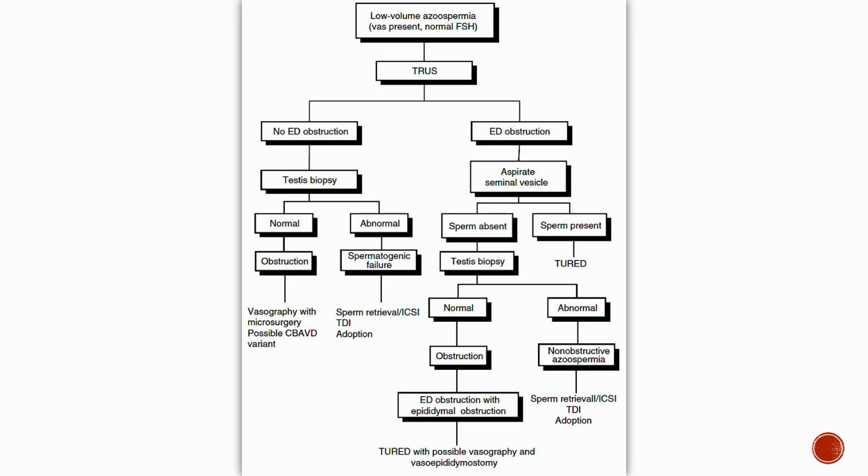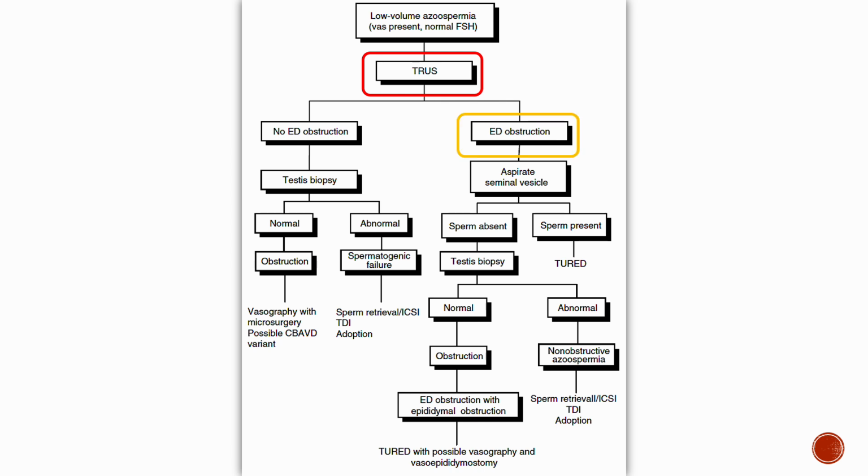So the first and foremost test which we have to do when the patient presents with low volume azoospermia, when vas is present and FSH is normal, is transrectal ultrasound, because we want to rule out any obstructive causes. So this is the foremost test.